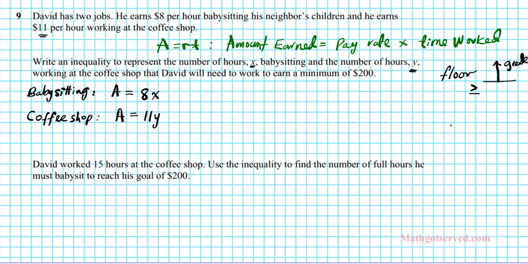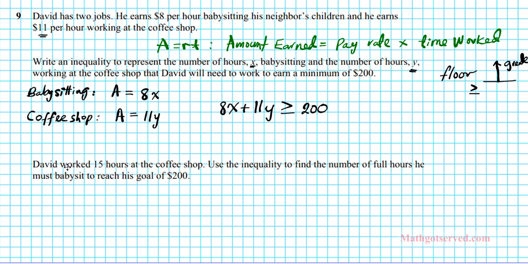So if he wants to earn a minimum of $200 combined, we combine his total earnings: 8x plus 11y, the amount earned babysitting plus the amount earned in a coffee shop, has to be greater than or equal to 200. This is what it means for the minimum to be $200.